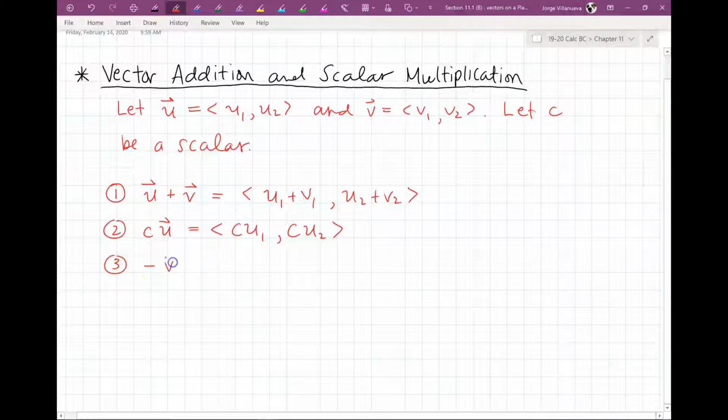You can get a vector and multiply it by a negative, which is kind of weird that they put this as a property, because property number 2, I mean, what's wrong with calling c negative 1? But they want to write an extra one here. Now, just so you know, the negative vector has the opposite direction. Let me write that right here. The negative vector has the opposite direction.